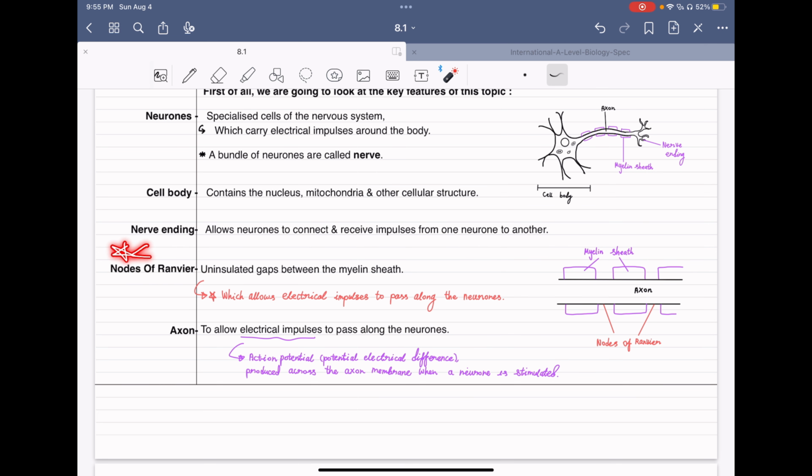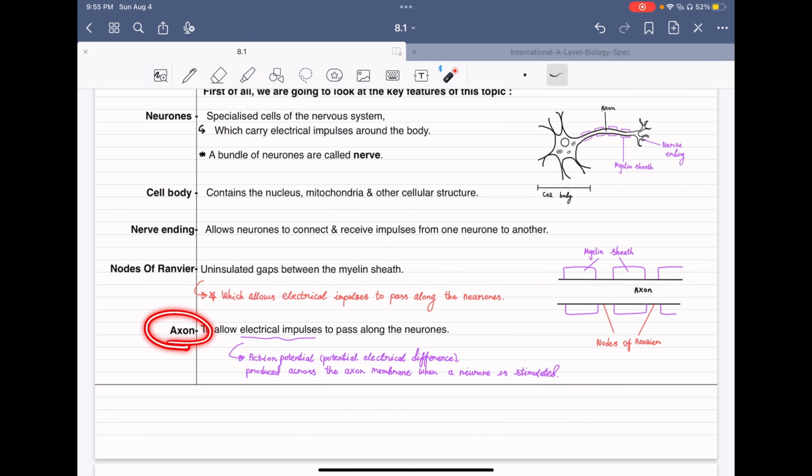This is also pretty important because they do often ask questions based on the nodes of Ranvier. These are uninsulated gaps between the myelin sheath. So it's basically this area, and this area allows electrical impulses to pass along the neurons, as they jump from one node to another.